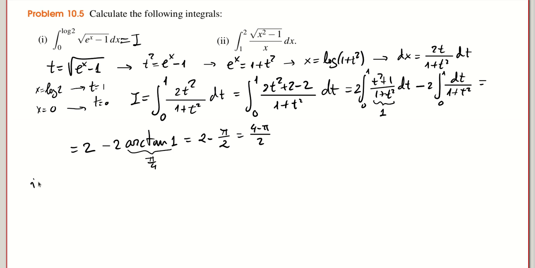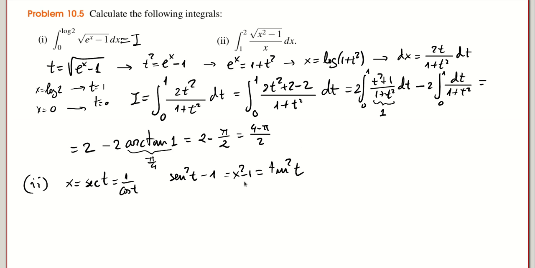Now the second. For this second integral, you see a square root of x squared minus 1. When you see that, the suggested change of variable is x equal to the secant of t, or 1 over cosine of t, right? Then the secant squared minus 1, which is x squared minus 1, is equal to the tangent squared of t.